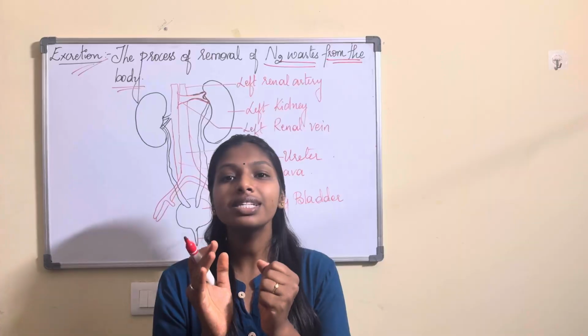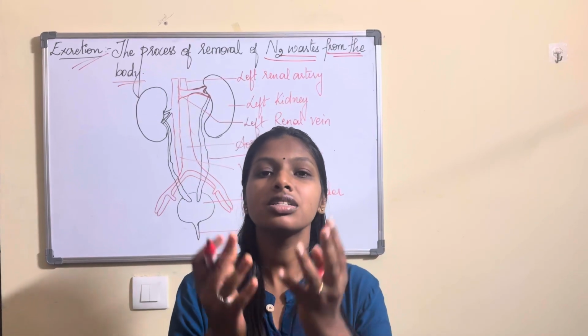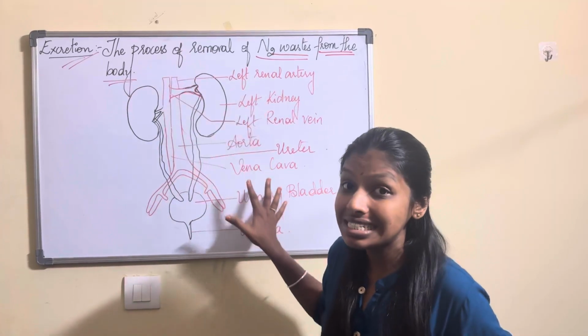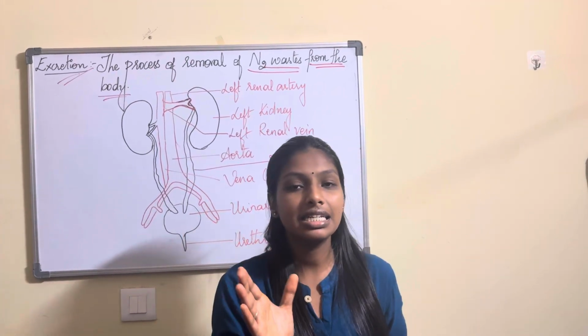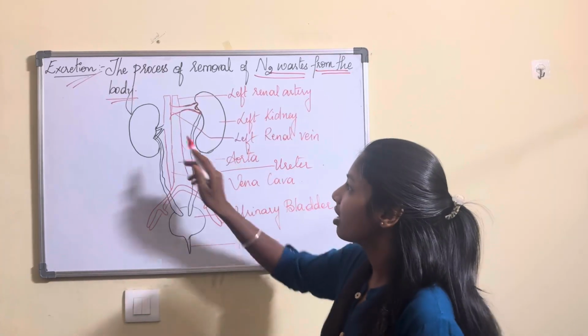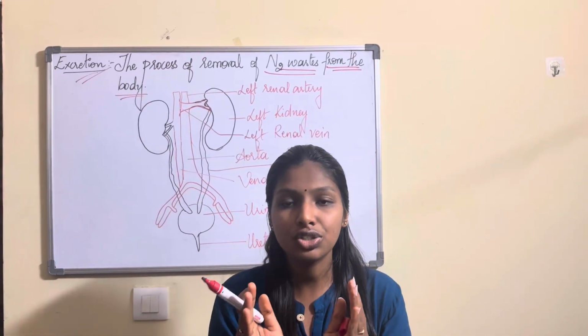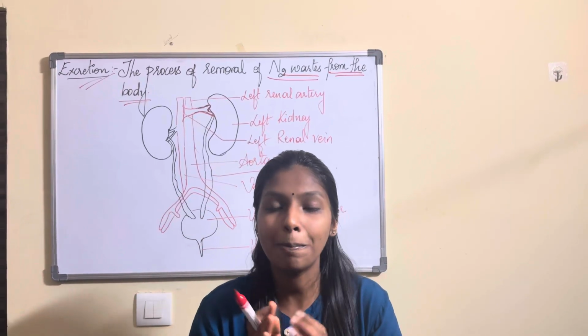So what helps the excretion process occur in our body is the excretory system. The excretory system consists of a pair of bean-shaped kidneys, which are situated on either side of your backbone.